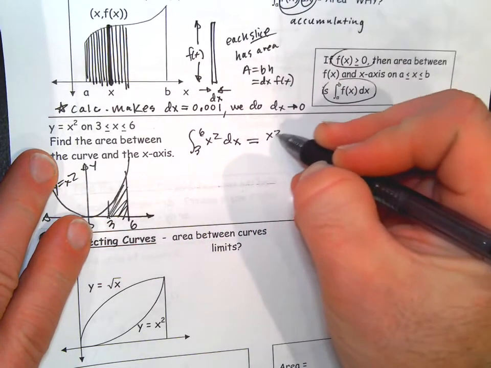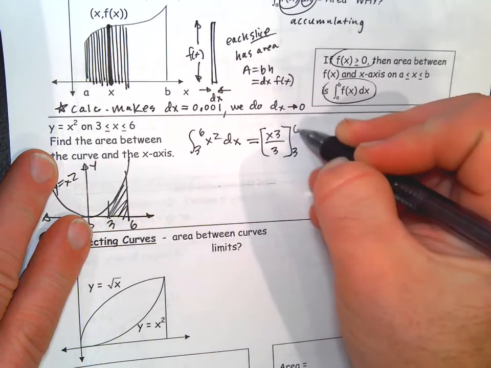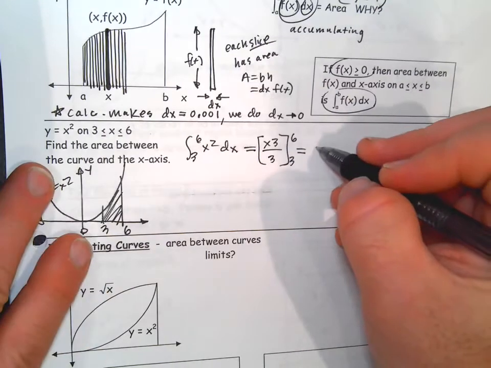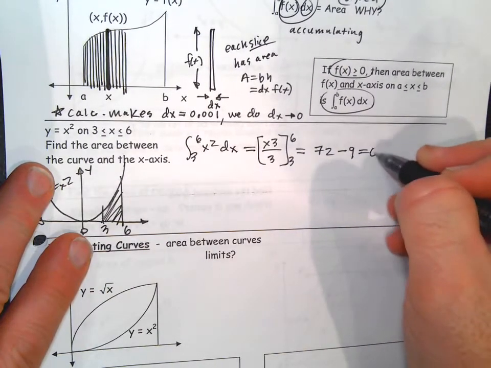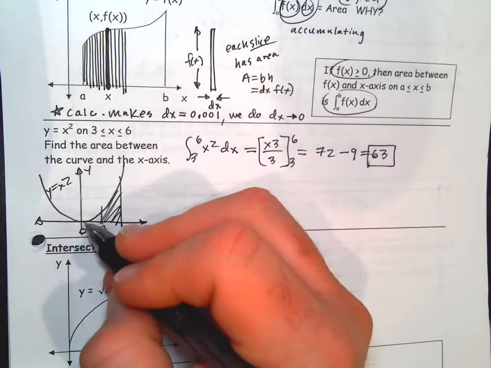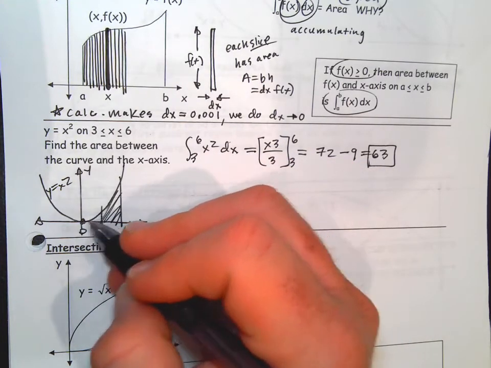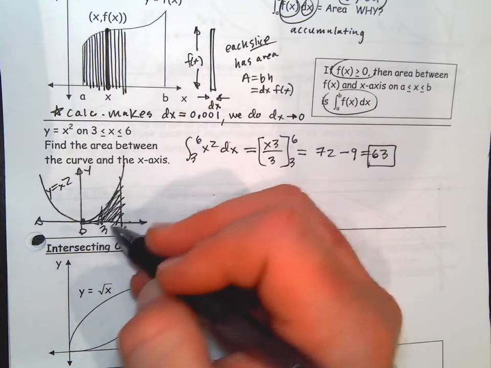The antiderivative is x cubed. We don't need to put the plus c, even though it technically is there. If you plug 6 in here, you get 72. You plug 3 in here, you get 9. So the answer is 63. Remember, when you plug 6 in, it's like you find the area from 0 to 6, and 3 in, 0 to 3. That's why we always subtract the smaller one from the big one, because it gives you the difference in between, which is what we're going for.